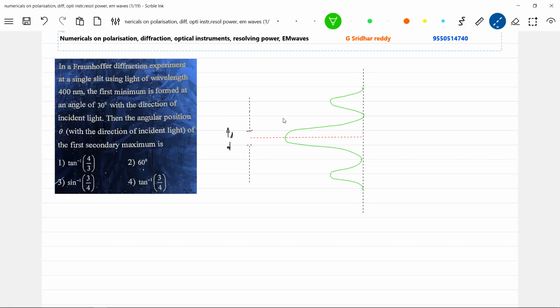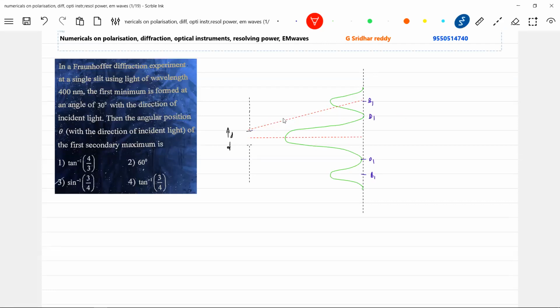So what is being asked is the position of the next. I think this will be the D1, and this will be B1. That is the angular position being asked. So what is the given information for us?